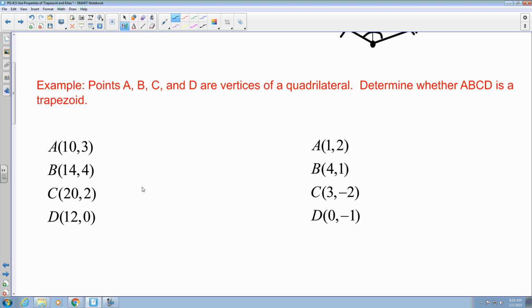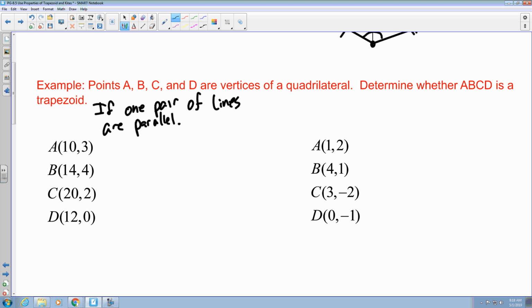They want you to determine whether ABCD is a trapezoid. So what we have to figure out is if one pair of lines are parallel.